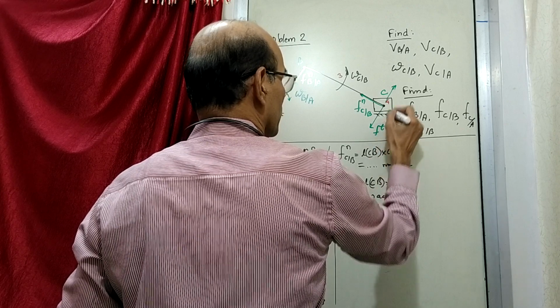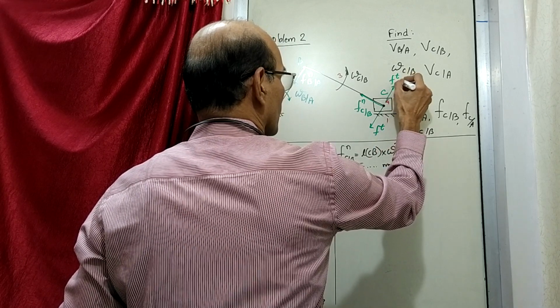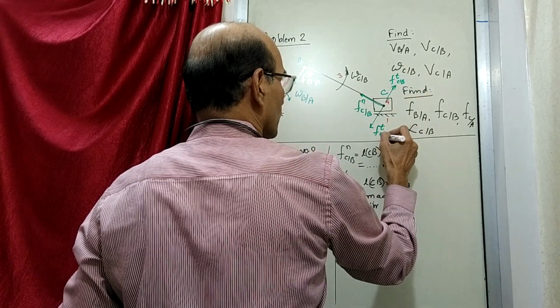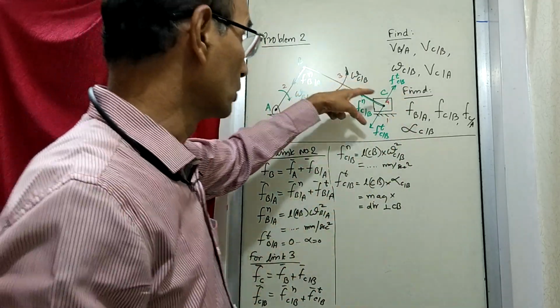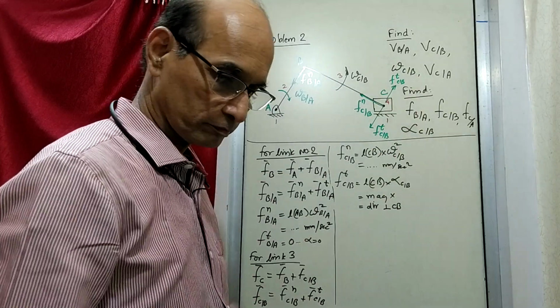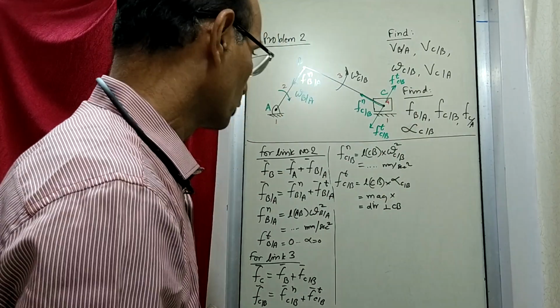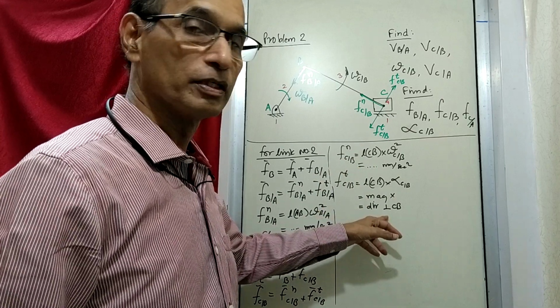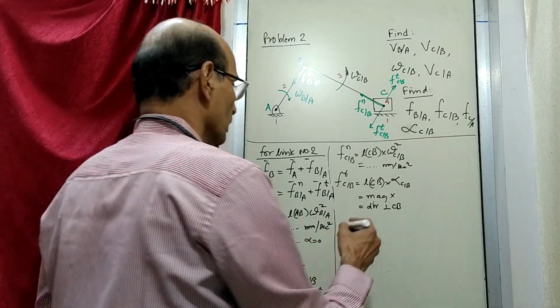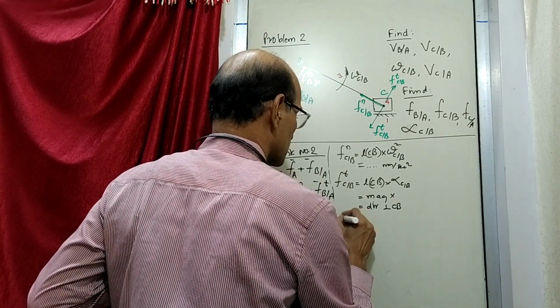It will be FT. Which is correct? This is correct or this is correct? We don't know at the moment. One of the two is only correct, the other is wrong. So that much is from link number 3. So we have come up to this much. Now let's go to the next link.